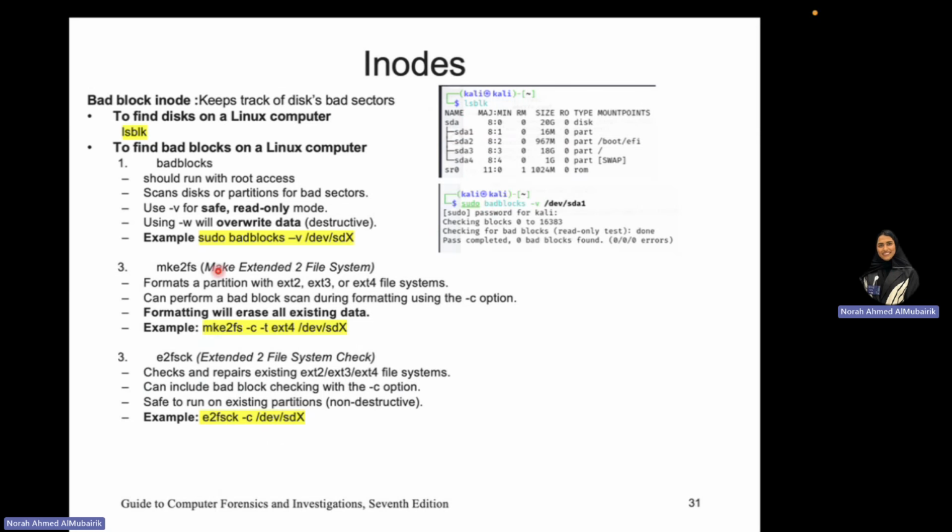I will explain this slide and then go to the practical part. To find bad blocks, I can use either the badblocks command, mke2fs, or e2fsck. For badblocks, I can use sudo badblocks -v. The -v means run it in a read-only mode, don't do any overwrite.